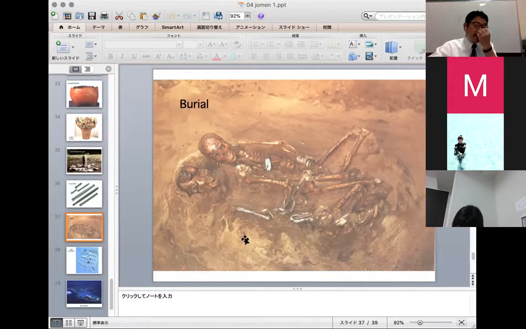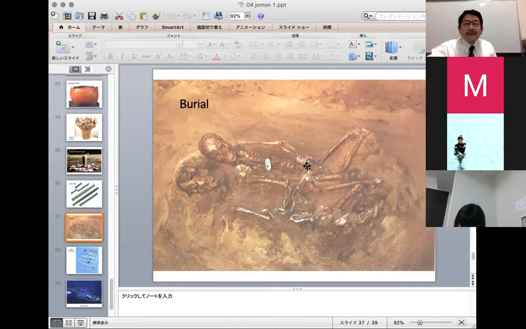But most of the burials do not accompany anything. I mean, you don't find bones normally. They're all gone in the soil, acidic soil. But if you're lucky and find those skeletal remains, you don't find all these burial goods.